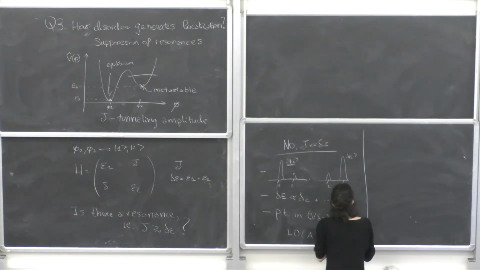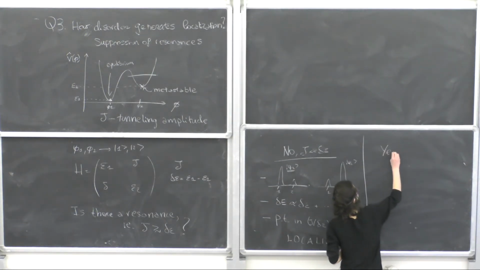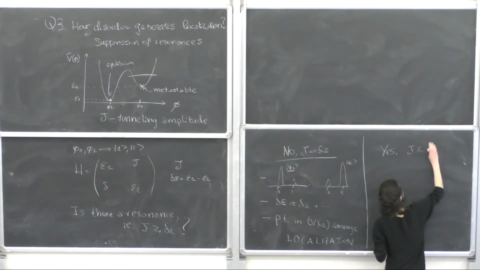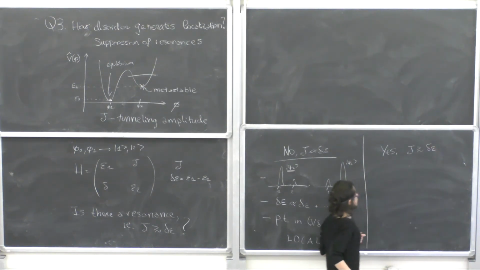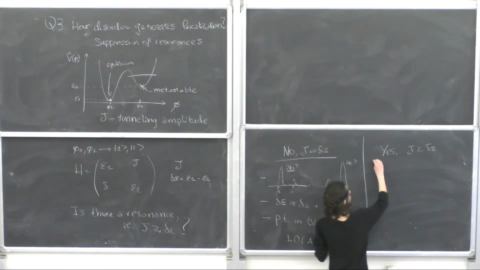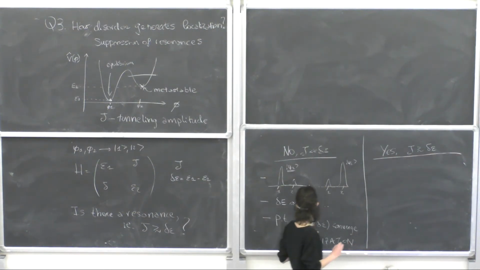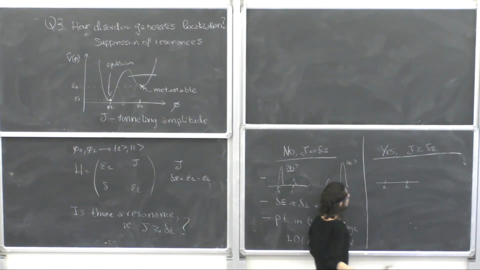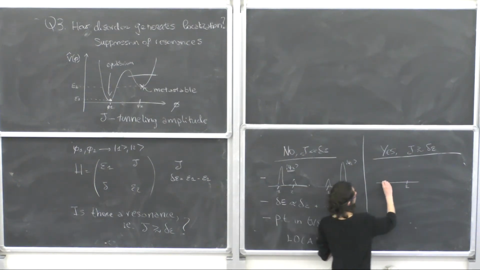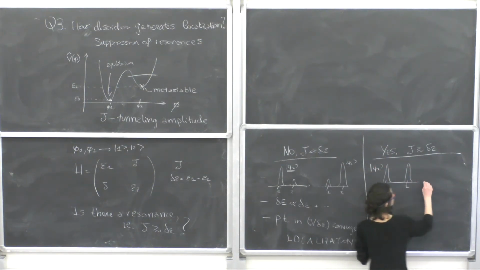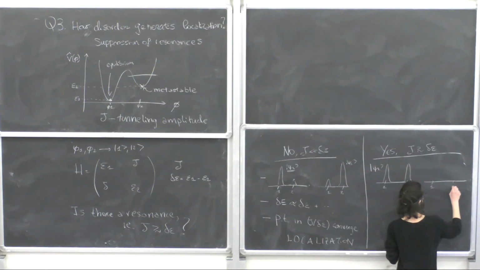Okay, in the other case, this is not true any longer. So if my J becomes of the order of or larger than this energy difference, then my eigenstates will look very different, and I have hybridization between these local degrees of freedom. So I will get typically one eigenstate which looks like this, and the other one which is of this form.